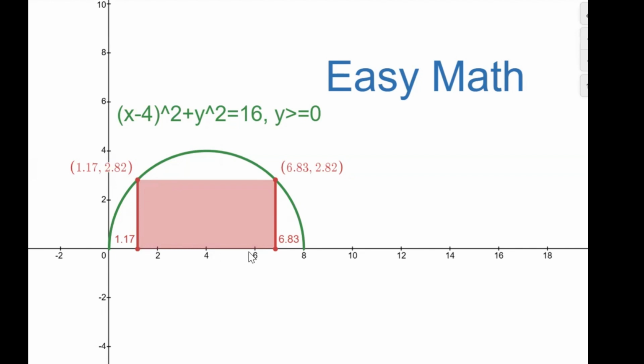And we know that the length is double the width. The width is 2.82, and the length is 5.66, because we use 8 minus 2x. That is the maximum area.